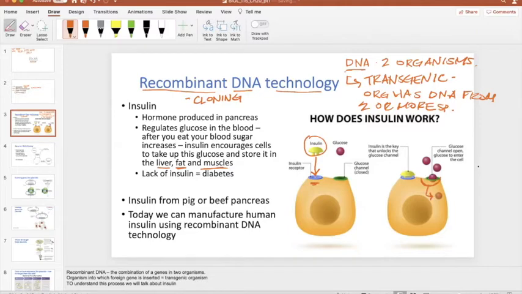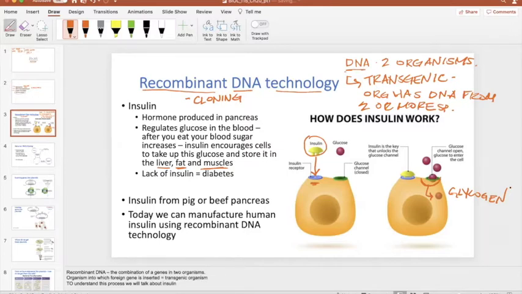And once it's taken up into the cell, it can be processed for storage, so it can be turned into things like glycogen, or it can be converted into fat. So it can be processed and used, or it could also be converted into ATP via cellular respiration.